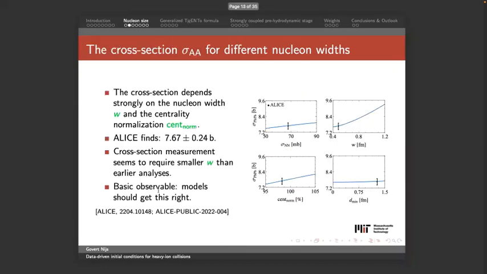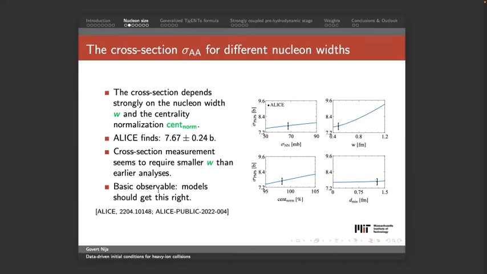Govert, can I ask, should we be careful about thinking this is a basic observable? Because this is an observable, as you said, that is dominated by extremely powerful events. Yes, you're right, you have to be careful.